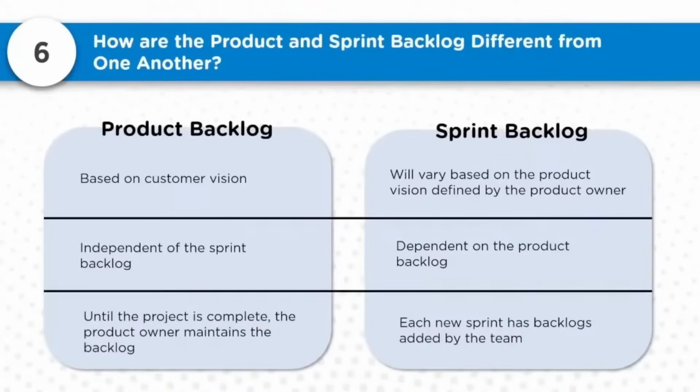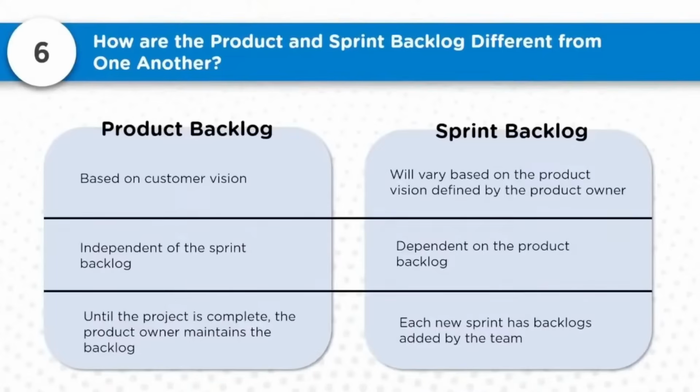So you take the prioritized list from the product backlog. The product backlog is independent of the sprint backlog, whereas the sprint backlog is dependent on the product backlog. The reason we know already, I explained. So this is the prioritized list of backlog items we take from the product backlog and create this specific product as part of the sprint, which becomes the sprint backlog.